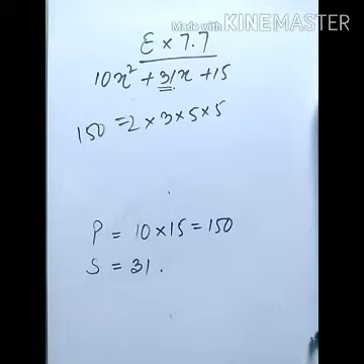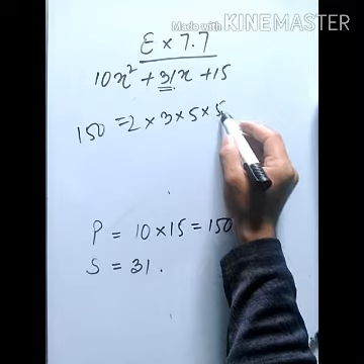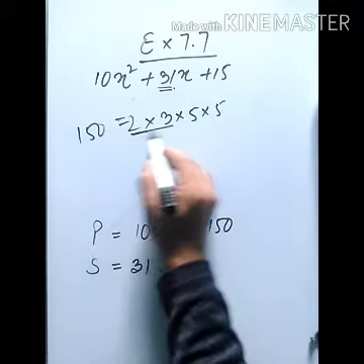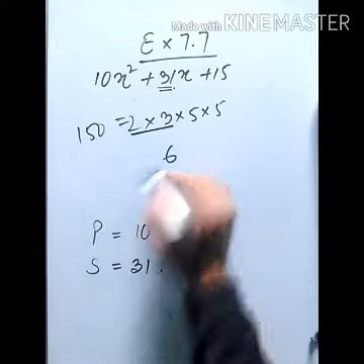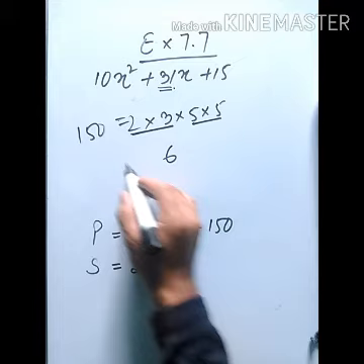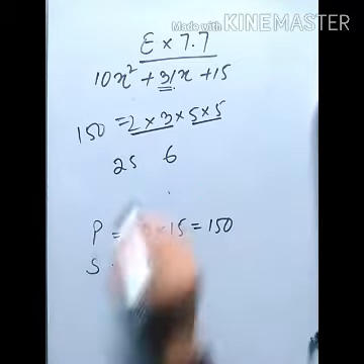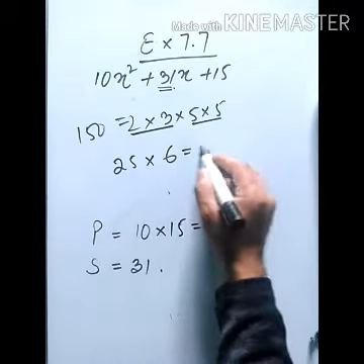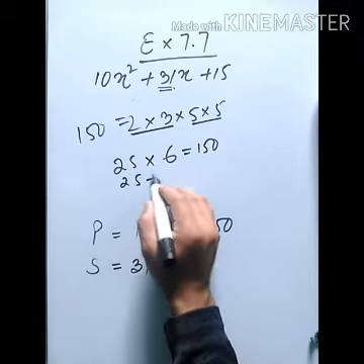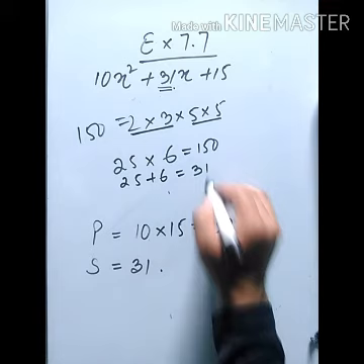So I'll just take this 2 and 3 as a group. 2 into 3, how much? 6. And this is 5 and 5. 5 into 5, so we have here 25. So 25 into 6, definitely you will be getting here 150. And 25 plus 6, we have here 31.